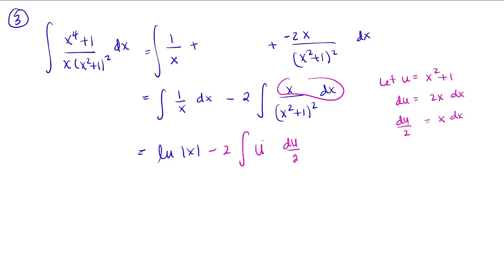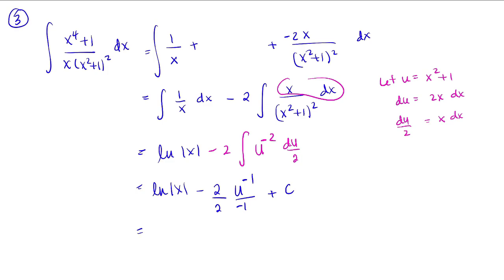So then I get the natural log of x minus 2 over 2, and then u to the -2 plus 1. So I get -1 divided by -1, and then plus a constant, and I'm ready to go back to x and simplify this expression.